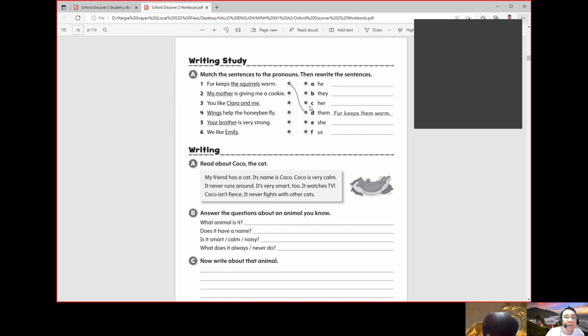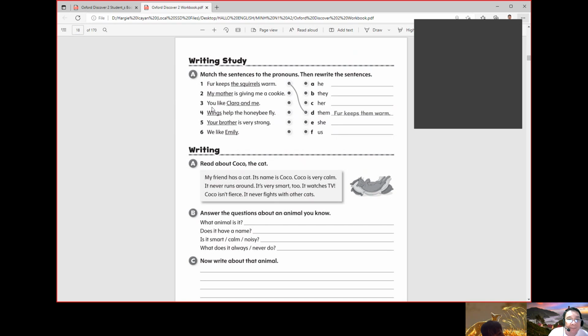Letter E. She. Okay, letter E, not her, right? It's letter E because this one is a subject pronoun, not an object pronoun. So how are we going to use this in a sentence? She is giving me a cookie. That's correct. So the word that replaces mother is she.